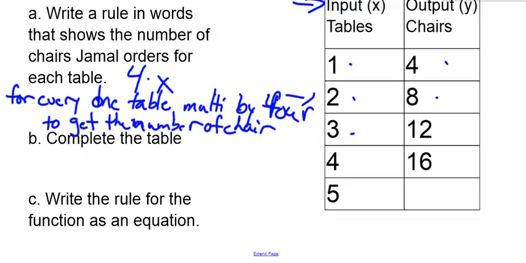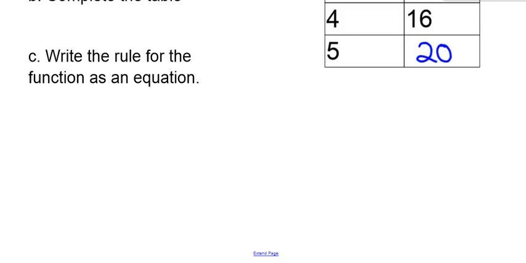Complete the table. So if I have 5, right, for 1 table, multiply by 4. So for 5 tables, still multiply by 4, and in the end, I get an answer of 20. And then at the end, we can write an equation. When we write an equation, we put it in terms of input of x and an output of y. So output means what is it going to equal?